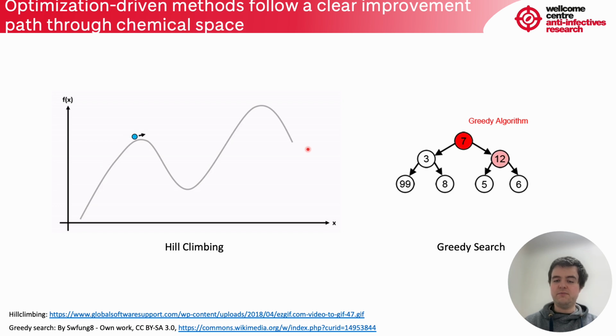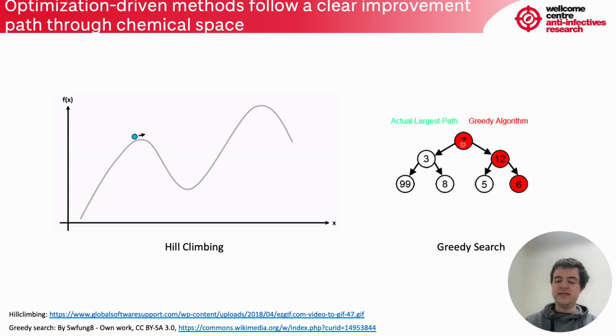Greedy takes the same approximation. We can have a look at greedy. So we start from, for example, molecule 7. We have two transformations. We could apply a greedy algorithm and take the value of 12, a molecule with a score of 12. And then again, if we applied the greedy algorithm, we would then take the molecule with a score of 6.